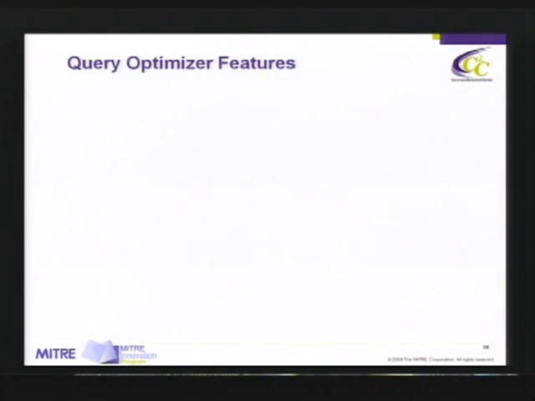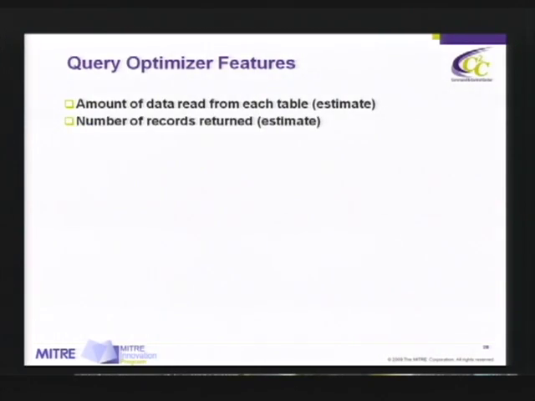So what features are we explicitly pulling out of the query optimizer? The first thing we get is an estimate of how much data is going to be read from each table. It's going to depend on the exact query. It's dependent on the statistics that are being maintained. So it's just a guess, but it's usually a pretty good guess. We get an estimate of the number of records that are going to be returned by the final query.